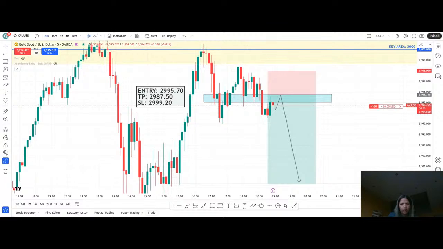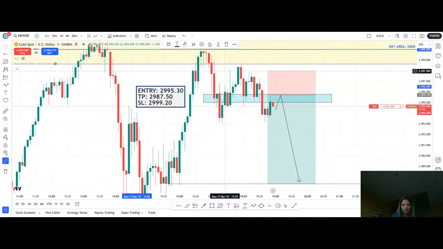Let me see here. I got in at 2995.3, so this must change. The stop loss is going to be 2997. Yeah, 2997.